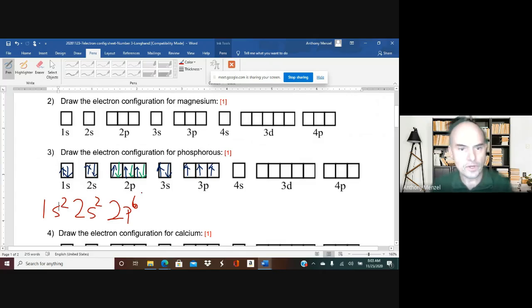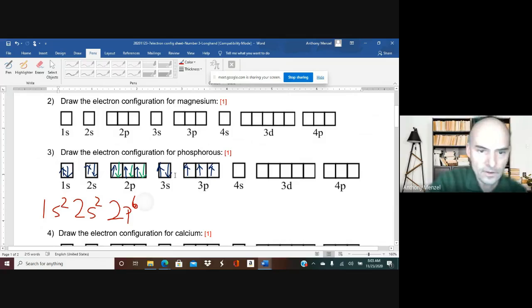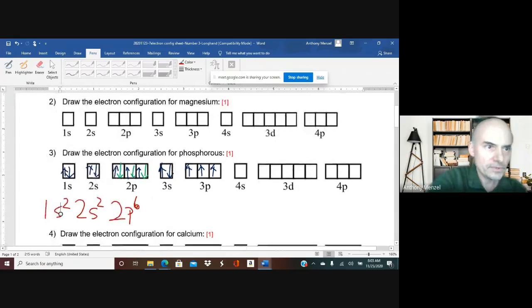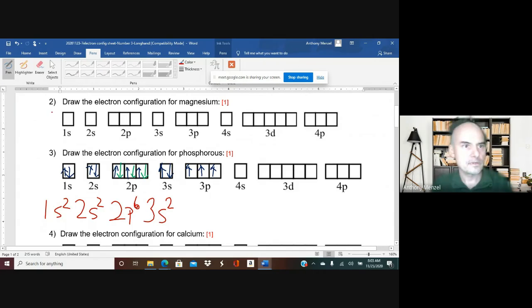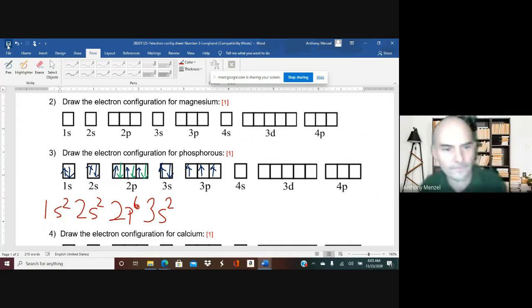And then we can save that. And we have 3s2. Computer's always deleting stuff.